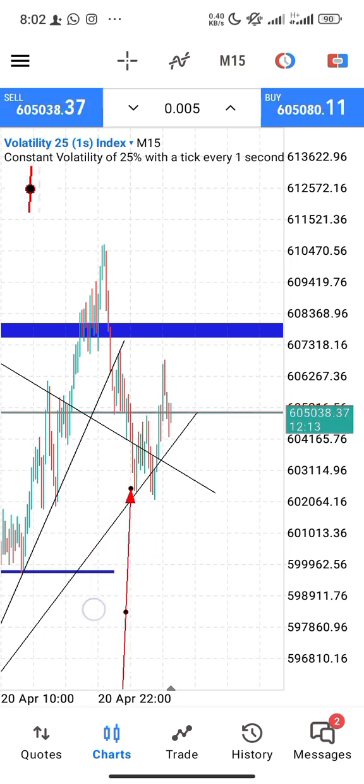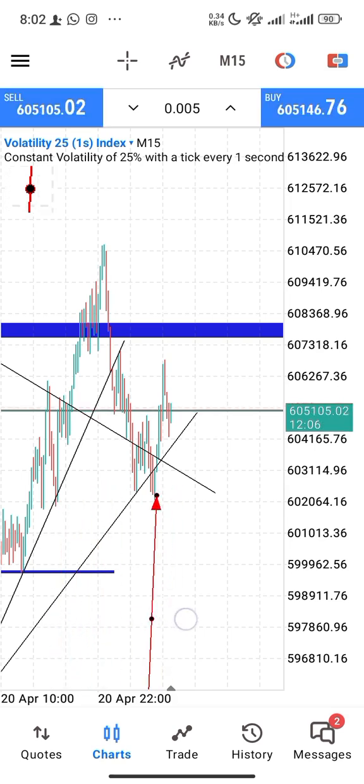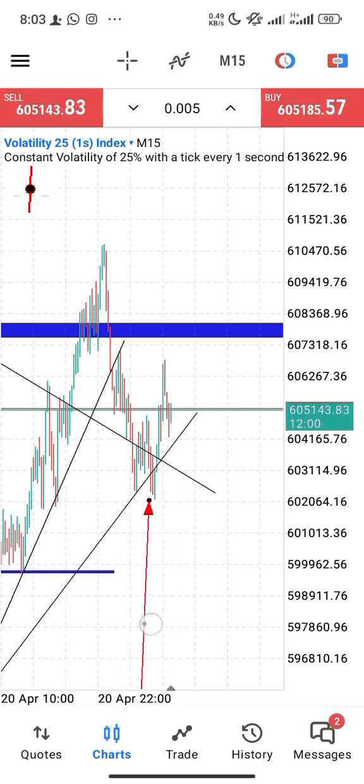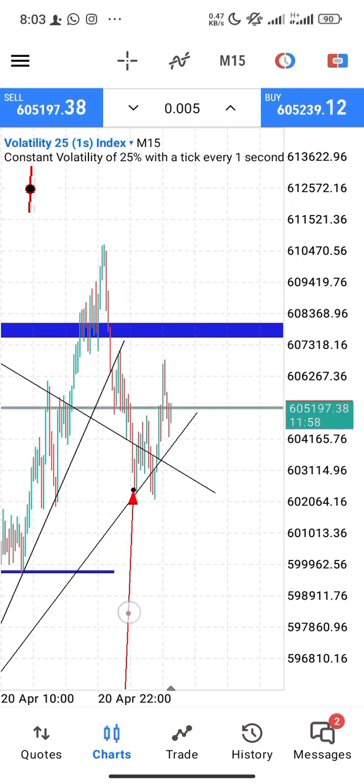It went up. So a scalper should take his TP from this zone, this demand that the market refused to break out. So the scalper should take his entry from there.